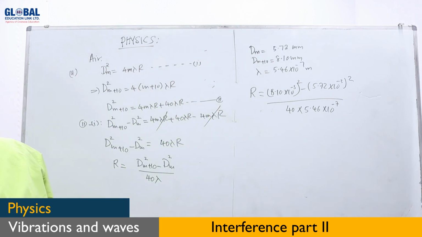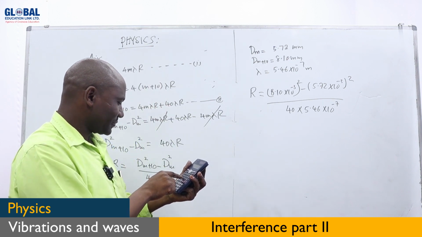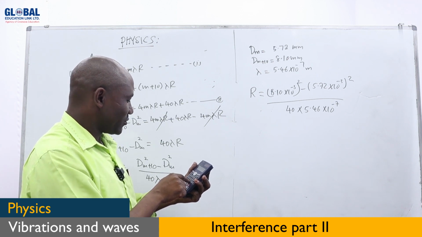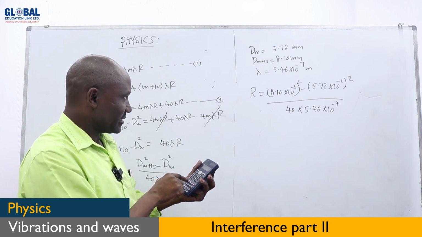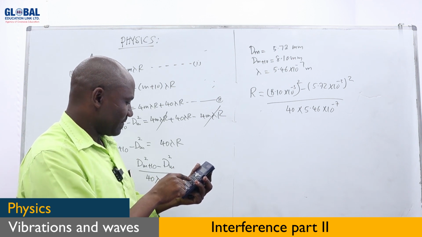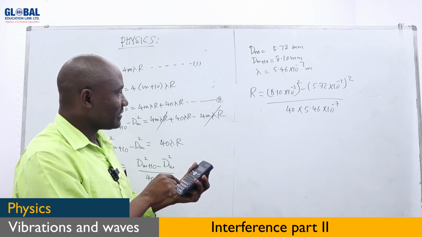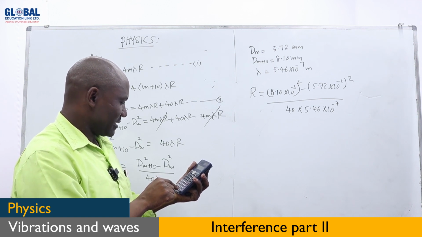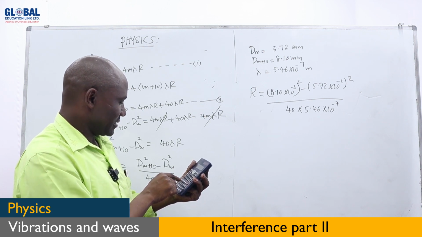Using your calculator, you can find the values. Let's find 8.10 e power negative 3, squared, minus 5.72 e power negative 3, squared, dividing by 40, dividing by 5.46 e power negative 7.